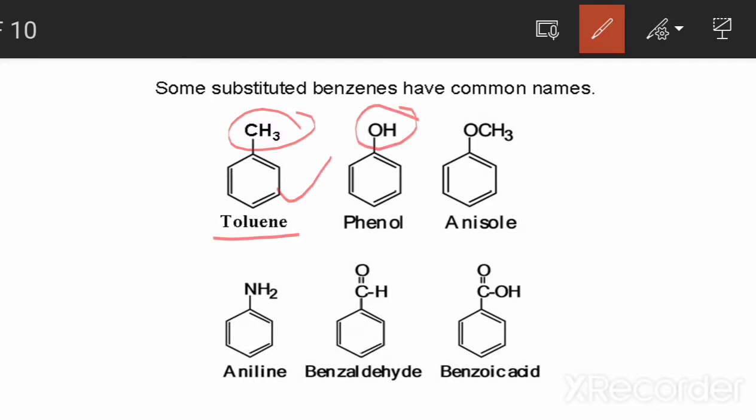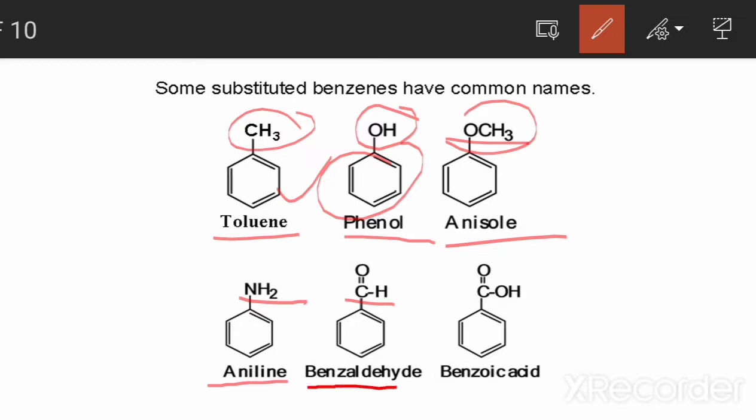When a hydroxyl group is attached to the benzene ring, we name it phenol, and the other is named anisole. When an amino group is attached to the benzene ring, it is named aniline. The other is an aldehyde group attached to the benzene ring, which is known as benzaldehyde. And if a carboxylic group is attached to the benzene ring, we name it benzoic acid.